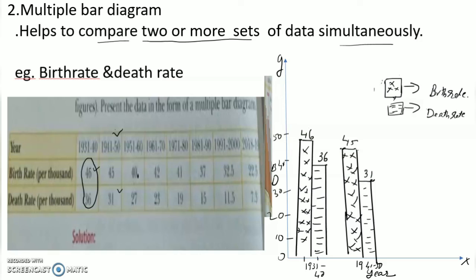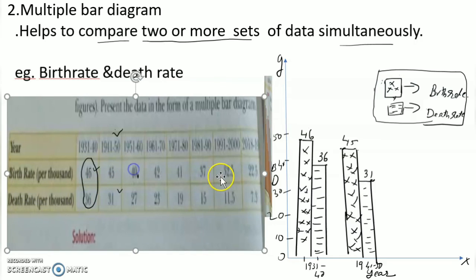So from the first look itself you will get it: from this sign you will get the birth rate is 46,000, and from this sign the death rate is 36,000 for 1931 to 40. This is known as the index. So in this way we are drawing this multiple bar diagram.